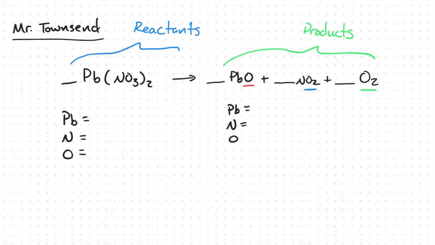Now, it's not required, but it will make it a little bit easier for us to figure out where to put our coefficients if we know what part of the equation it is currently affecting. So just for the sake of this little video, I'm going to put little color codes to indicate which O's correspond to the ones in the product side.